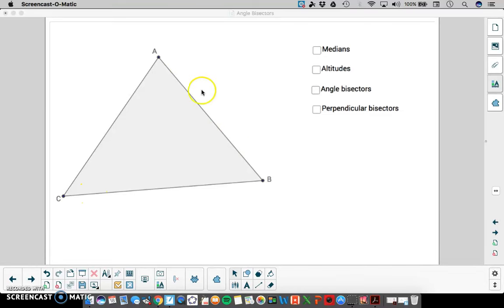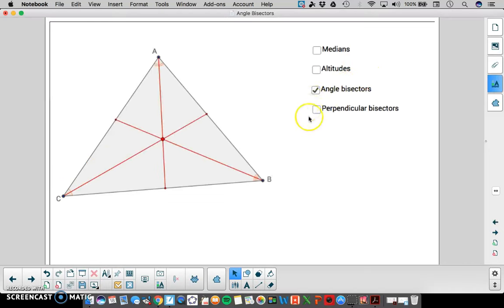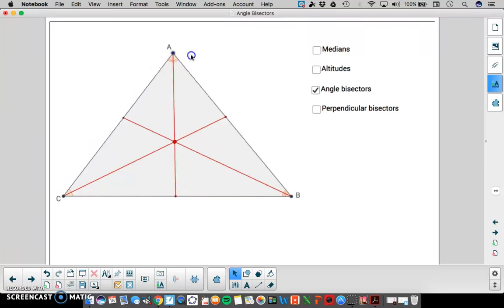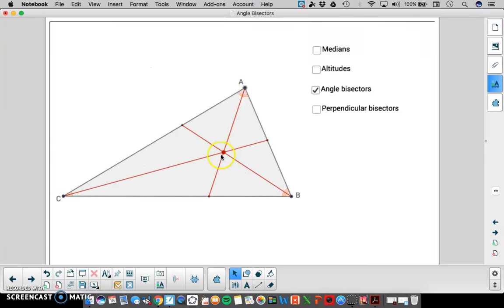Next, we're going to take a look at the angle bisectors on this triangle ABC. So once I plot those angle bisectors, notice that all three angle bisectors will be concurrent. And I can move my vertices around, and I can still see that they all intersect at this point here.